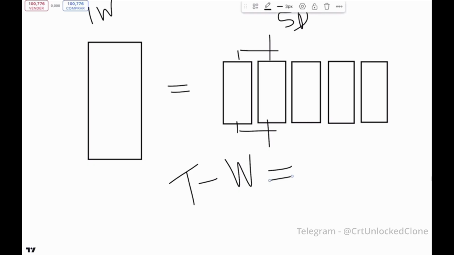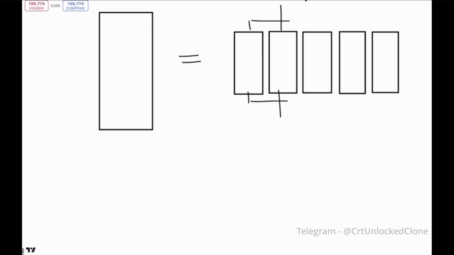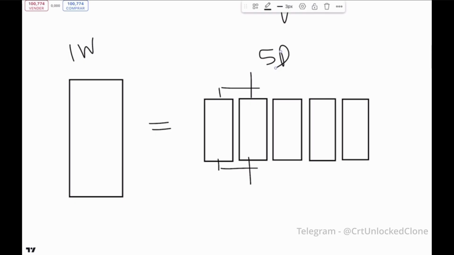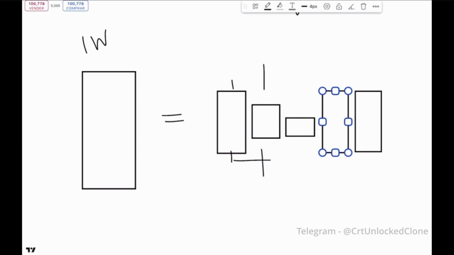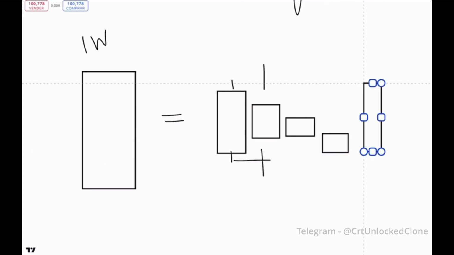Now the daily candle is divided in 2. 6 4-hour candles, right? The beauty of this is I don't even have to change much because of the fractal nature of price, right?